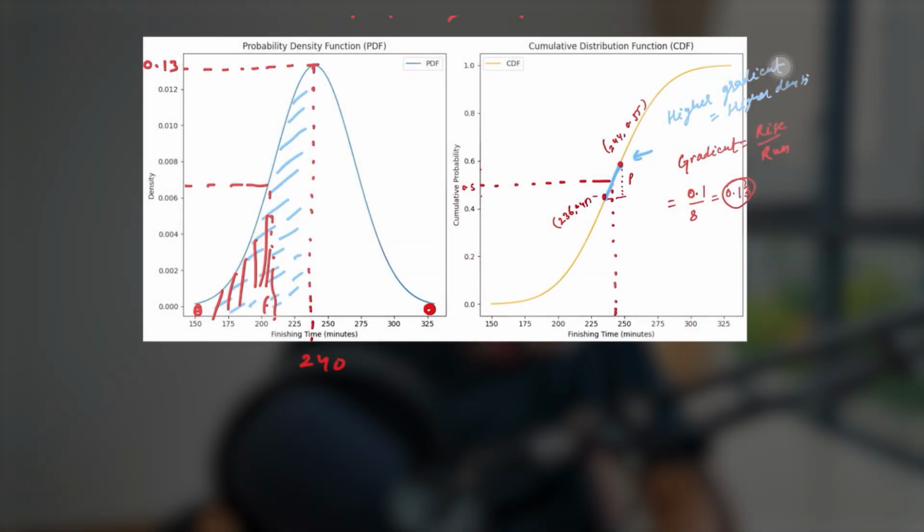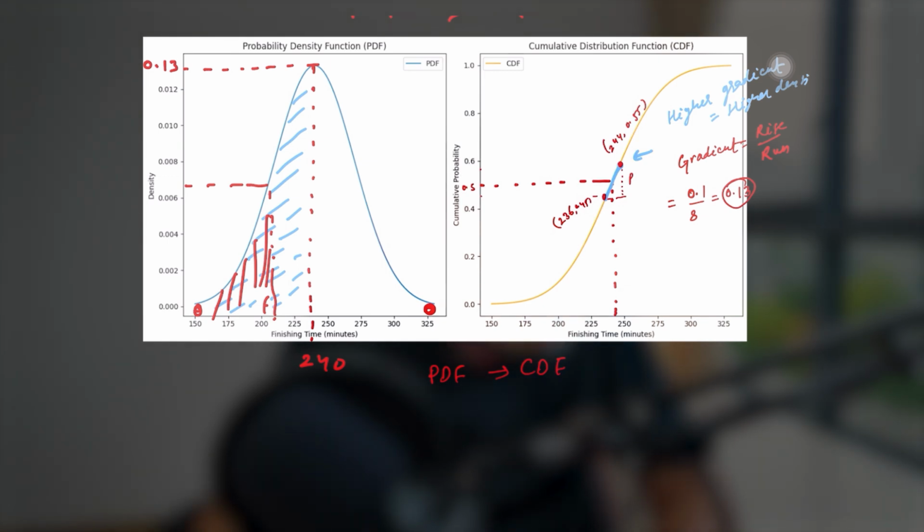This means we are able to find the PDF from the CDF also. The PDF and CDF are highly correlated. So if we want to find the CDF from the PDF, you need to integrate the area, meaning you have to find the integration.